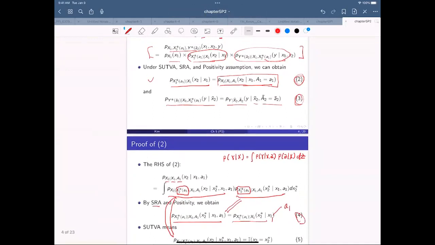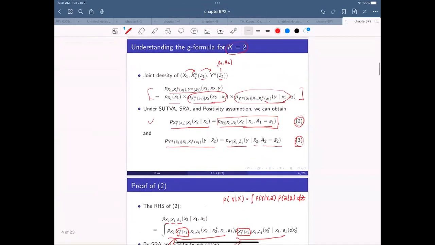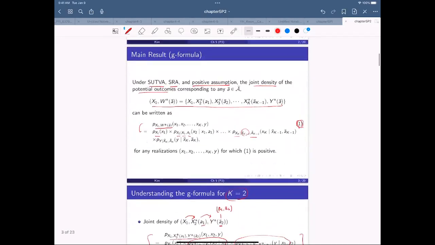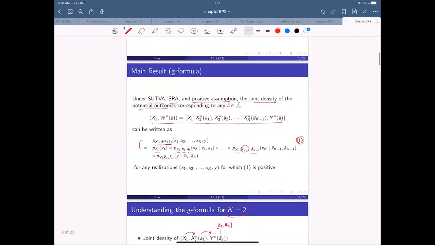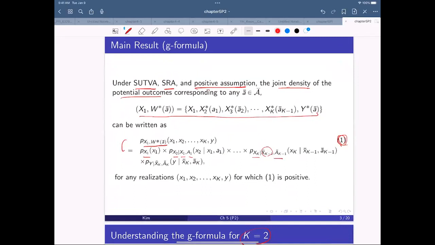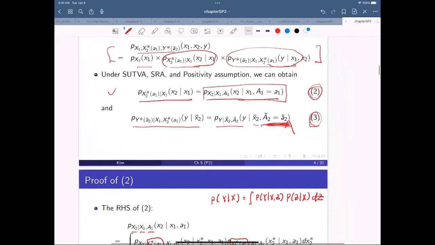So where did I mess up? I think the proof of 2 is fine. This one is the main result, right? If you look at this one carefully, Y is given XK and AK bar. So here we do use this one, right?